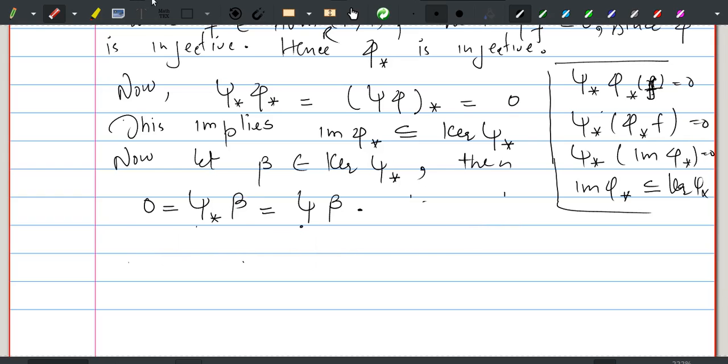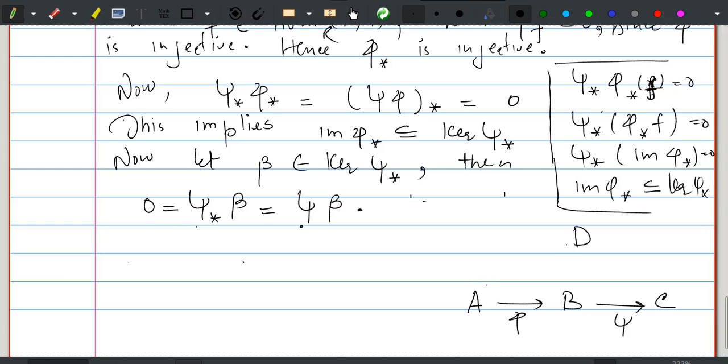Now let us pick. So we have this module D here, this is module A, module B, and module C. This is phi, this is psi.